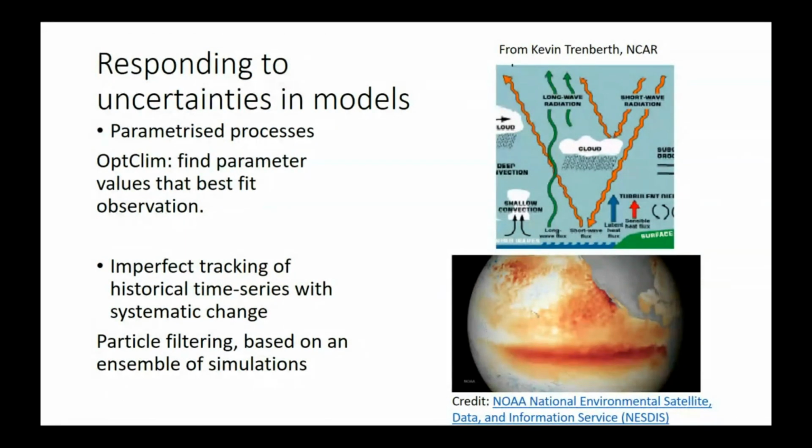And models will tend not to follow a historical time series unless you run them very, very often and try to have a diversity of parameters and a diversity of inputs, so tracking a historical timeline like an El Nino is very difficult. So a technique called particle filtering, based on an ensemble of simulations, where each member of that ensemble is termed a particle, is the approach that Andrew's been looking at.